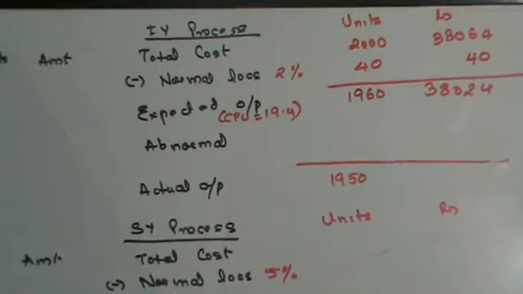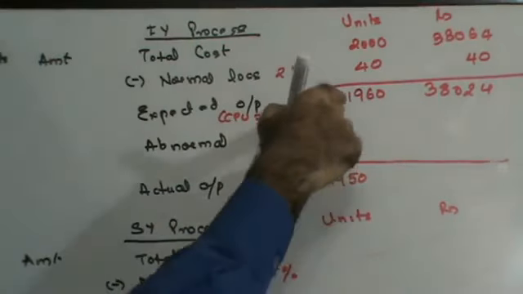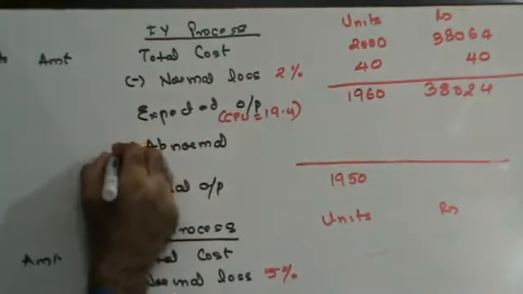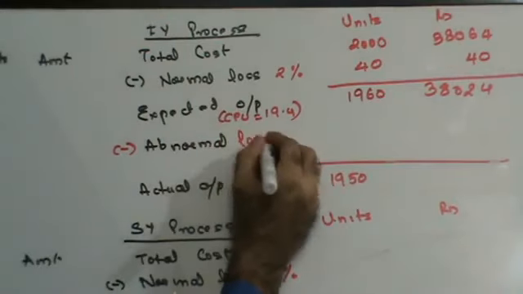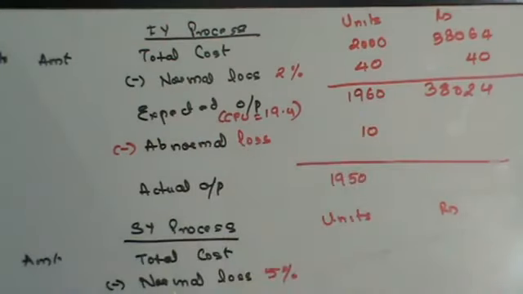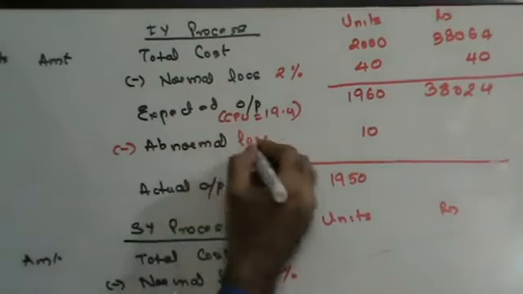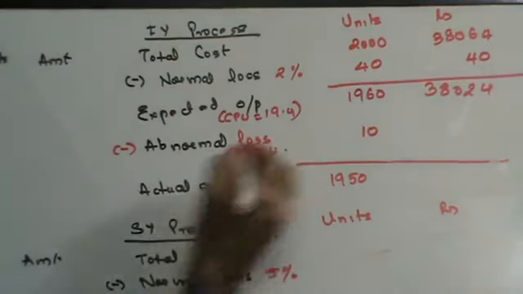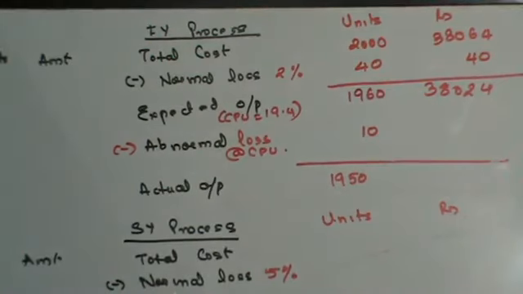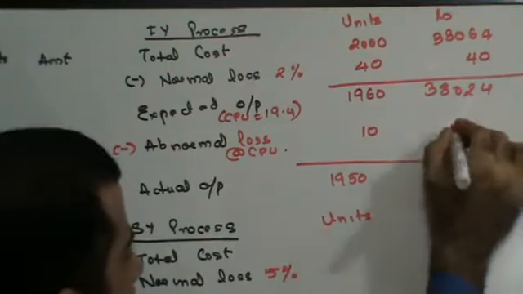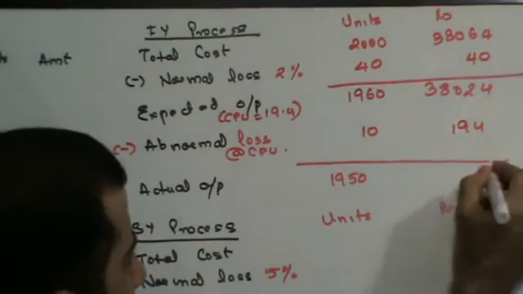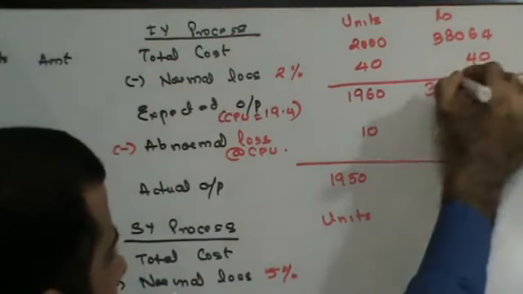The difference, you are getting a less output than what you have expected. That means there is an abnormal loss. So you will say less abnormal loss 10 units. Abnormal loss is always to be written at the rate of CPU. Right? My CPU is 19.4. So 10 into 19.4, that is 194. Subtract this.